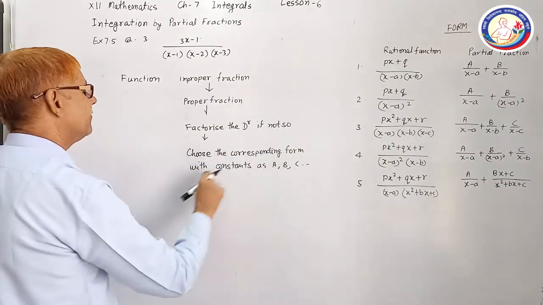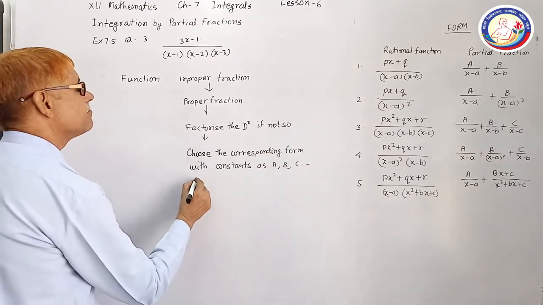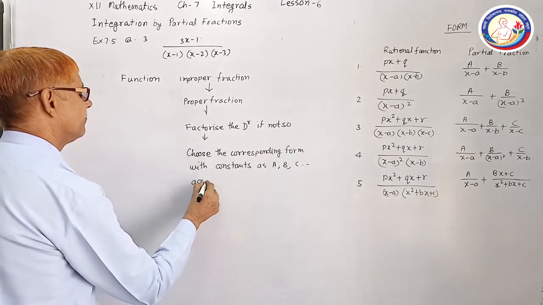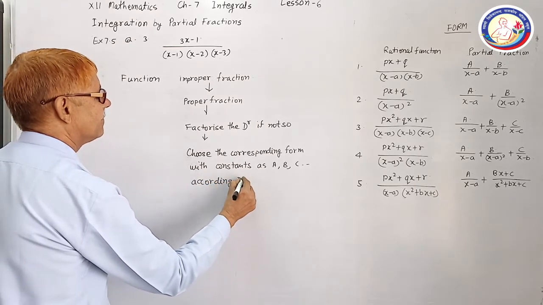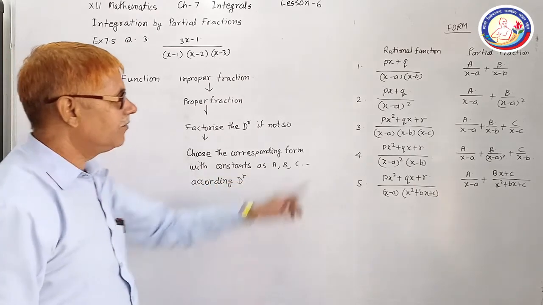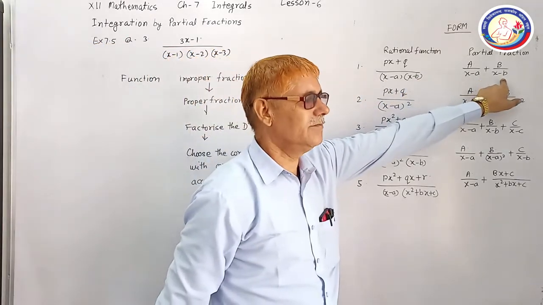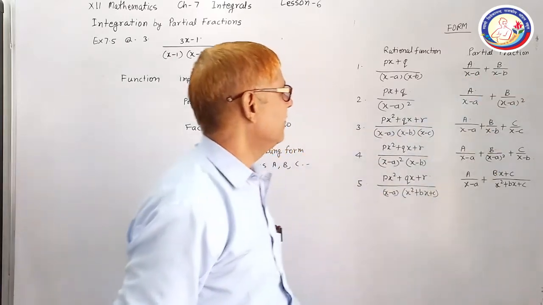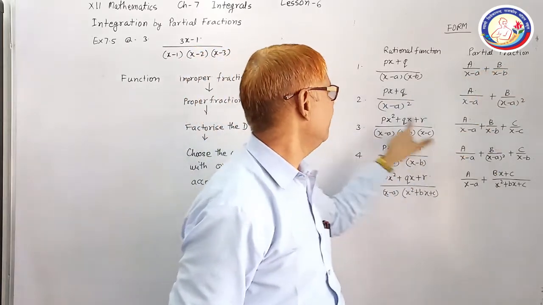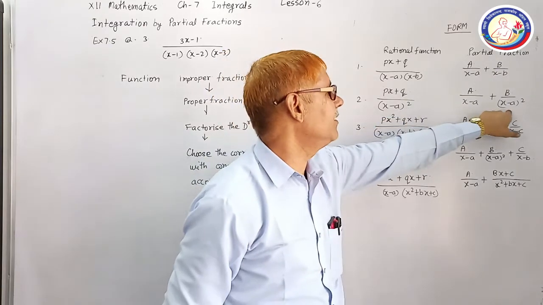Choose the corresponding form with constants A, B, C according to the denominator. If the denominator is in this form, then these are the partial fractions: we replace them by A upon x minus a and B upon x minus b. If there is a repeated factor, this will be the form.